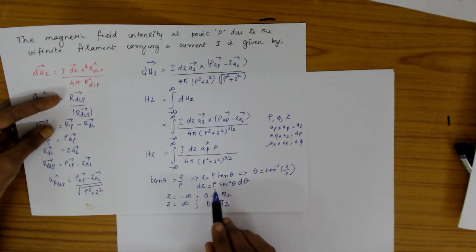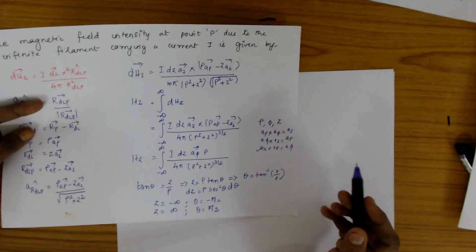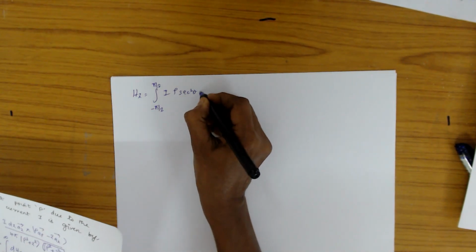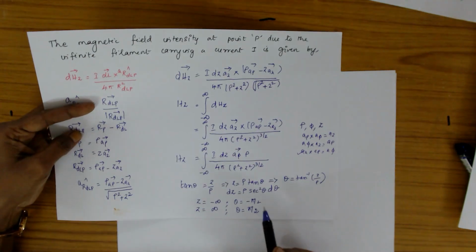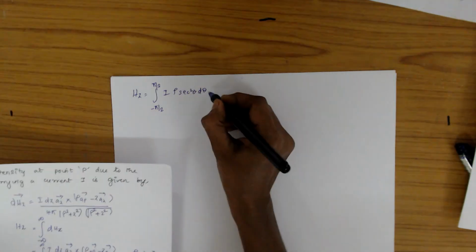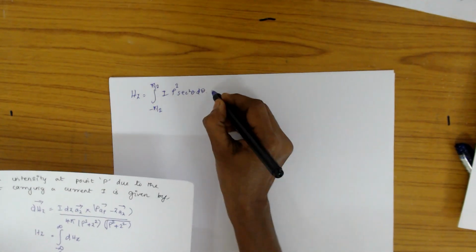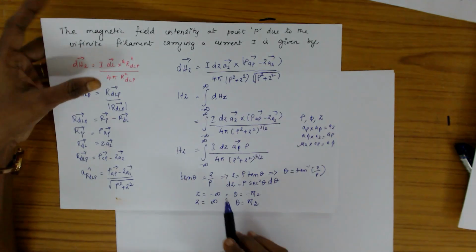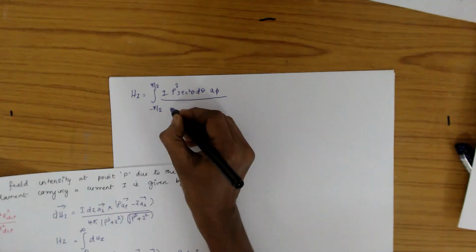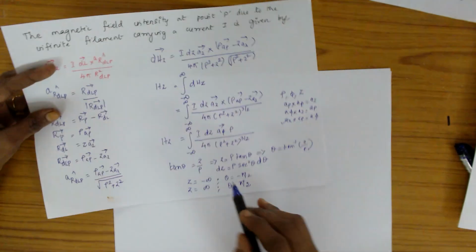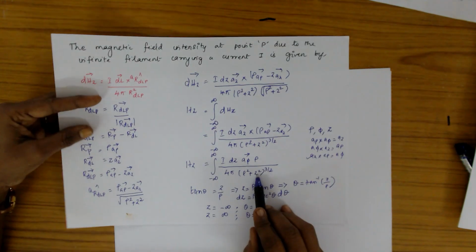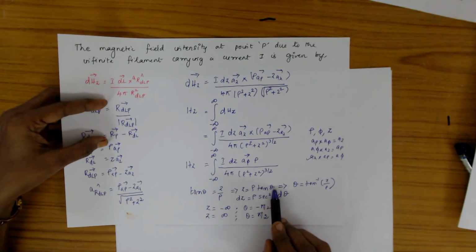Instead of dz we have rho into secant square theta d theta, and we have rho component here, again a rho, so it becomes rho square into A phi, divided by, in the denominator, 4 pi into rho square plus, instead of z you substitute z is equal to rho tan theta, so z square becomes rho square tan square theta.